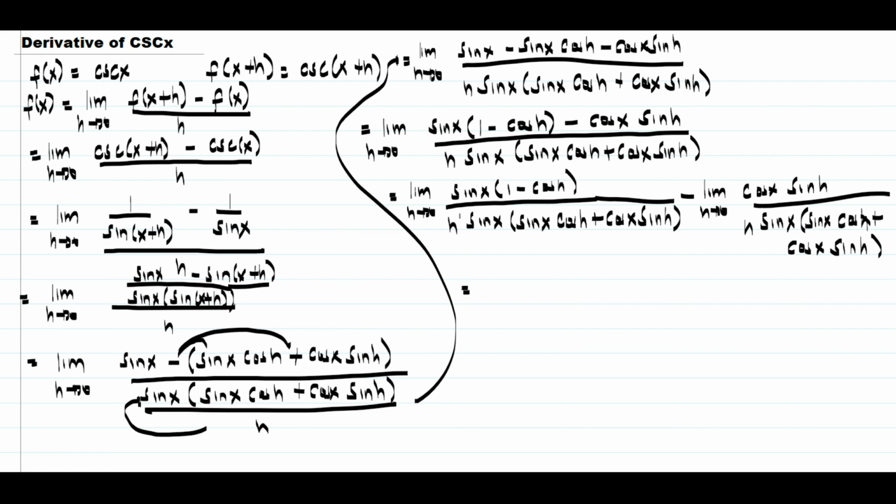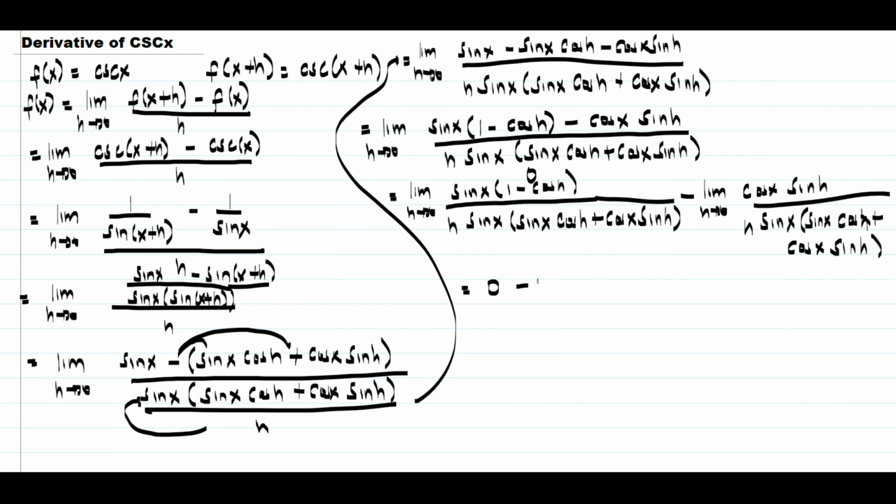And then, since we have the limit of 1 minus cosine h over h, that is 0. And if you are going to multiply this 0 by sine x and divide by this expression, the answer is still 0. So meaning to say, the value of this expression is equal to 0 because of the limit of 1 minus cosine h all over h as h approaches 0.